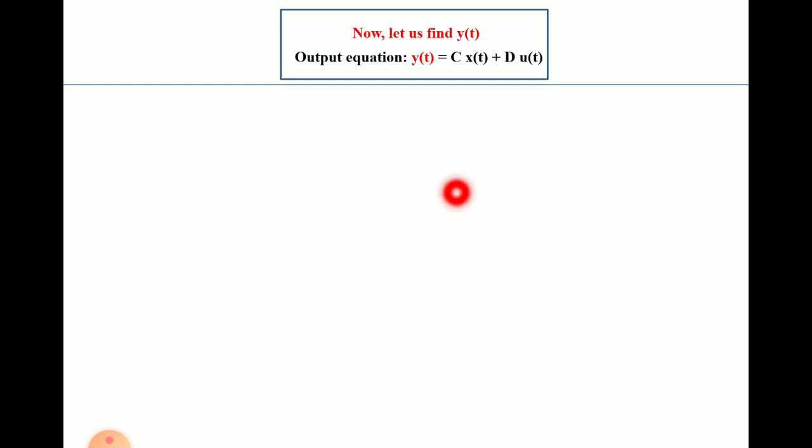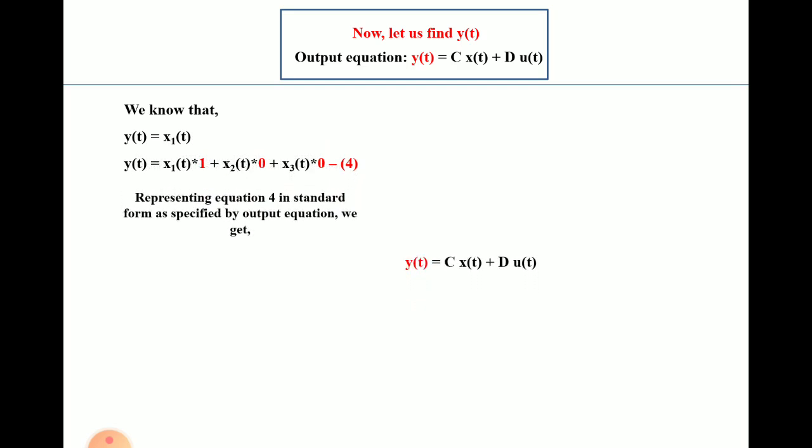Again we know that output equation is given as this. So we already know that the output equation is y of t is x1 of t. So which can also be written as like this. Now if we represent the expression 4 in form of the standard output representation, that is y of t is equal to c into x of t plus d into u of t, we will arrive at this output equation, that is y of t is equal to, this is c, and again x of t is x1 of t, x2 of t, x3 of t.